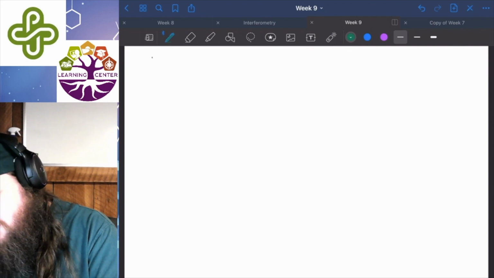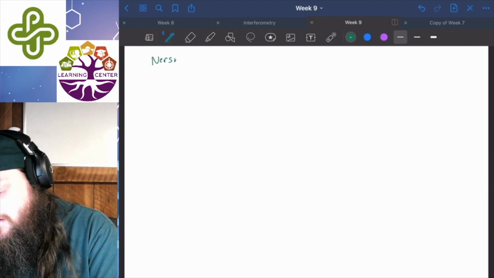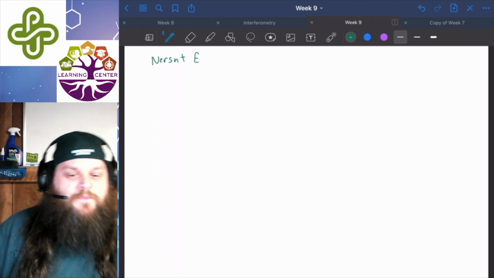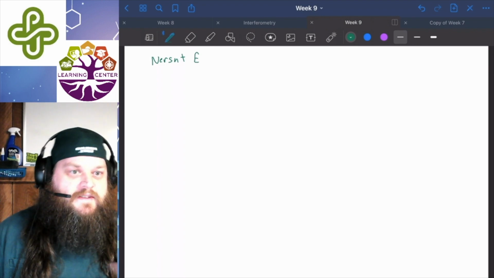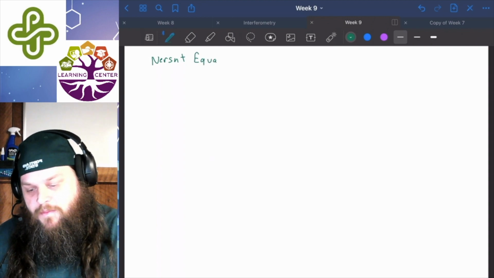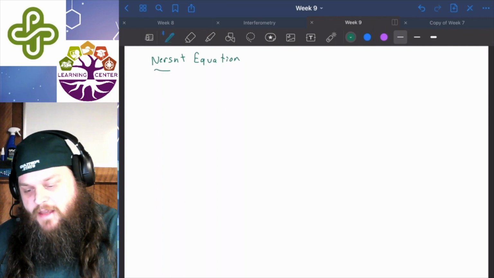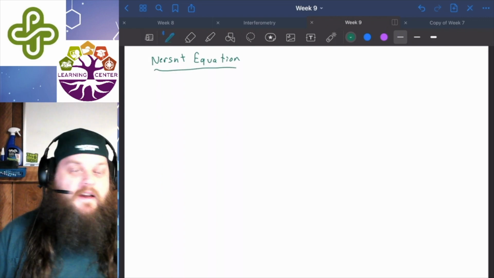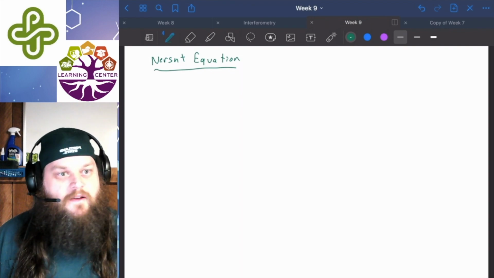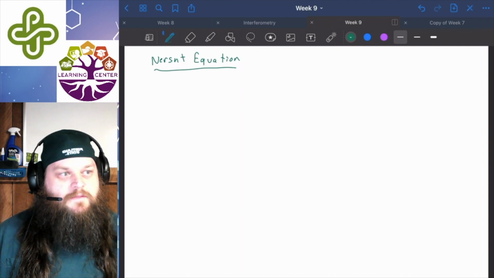So the Nernst equation. Last week we talked about the relationship between Gibbs free energy and the cell potential, and how if Gibbs free energy is a negative value, it's going to be a spontaneous reaction, and if the cell potential is a positive value, it's going to be a spontaneous reaction.